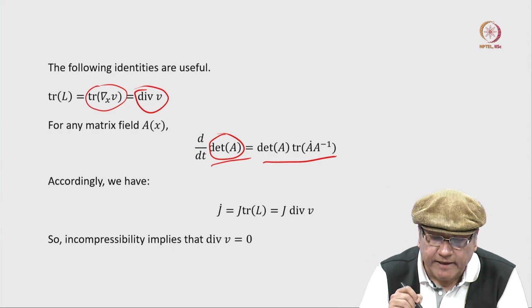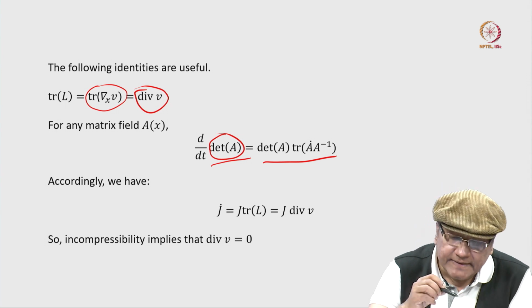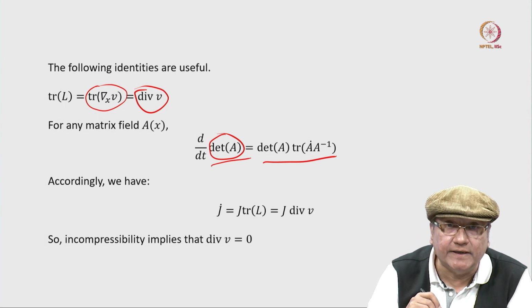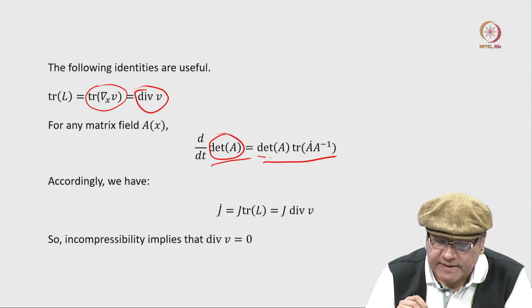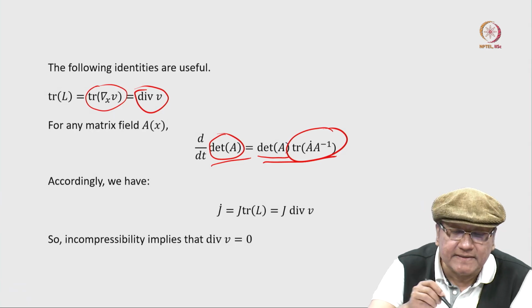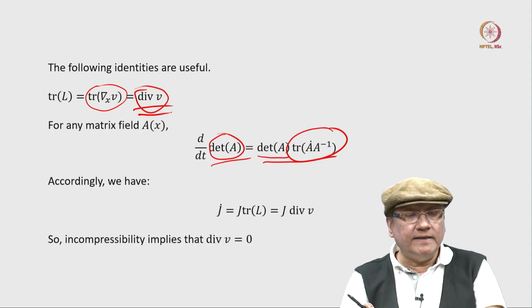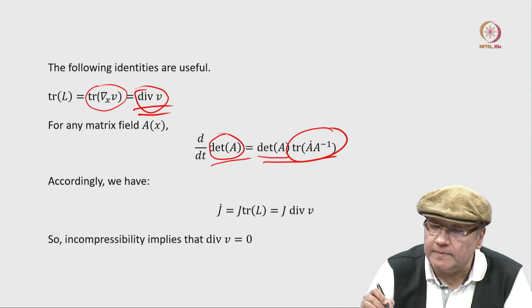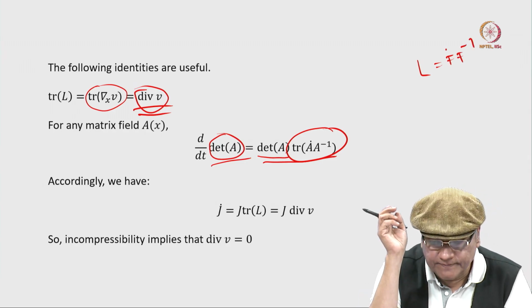Now, instead of A, if I use F, the deformation gradient, then the determinant of F is J. So J dot becomes equal to J times the trace of F dot F inverse, and that trace is nothing but the divergence of v. Essentially, because L equals F dot F inverse, which we have used here by replacing A with F.